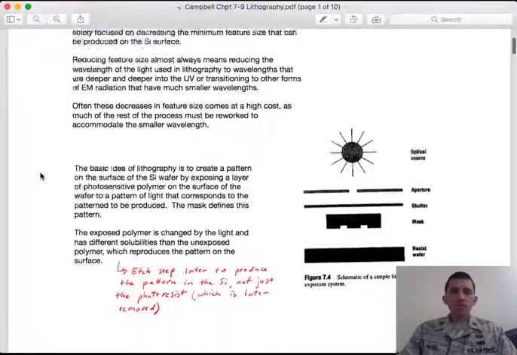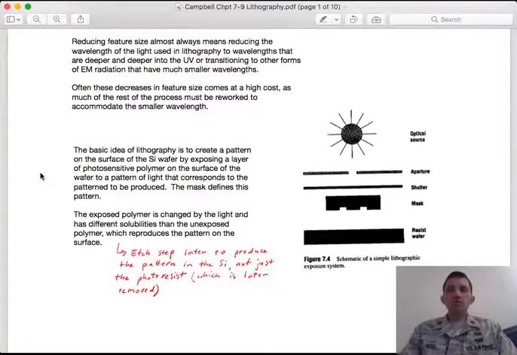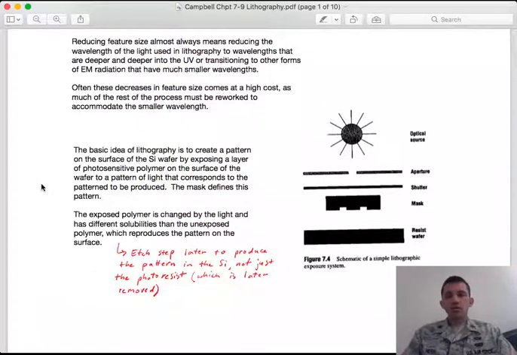And so we're focusing on lithography. Within lithography, improving and reducing the size almost always means that you're reducing the wavelength of light that you're using in your lithographic process. And so there's pressure to push the wavelength lower and lower, so that you go deeper and deeper into the ultraviolet, eventually transitioning into other parts of the spectrum, such as soft X-rays or high energy electrons.